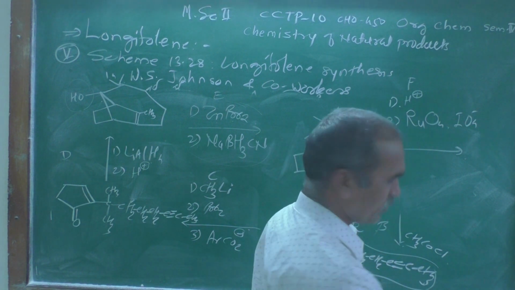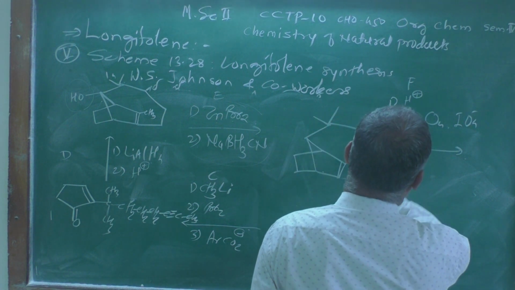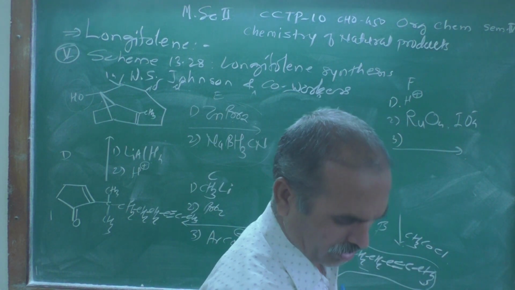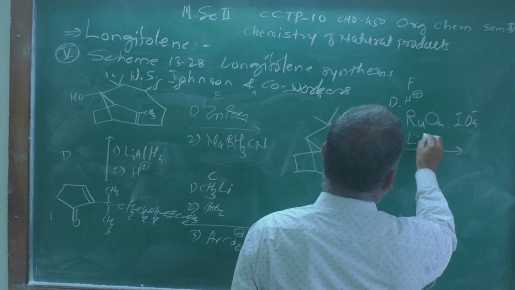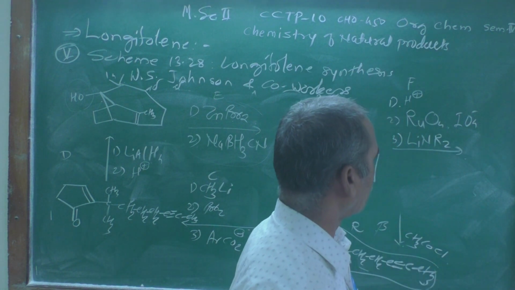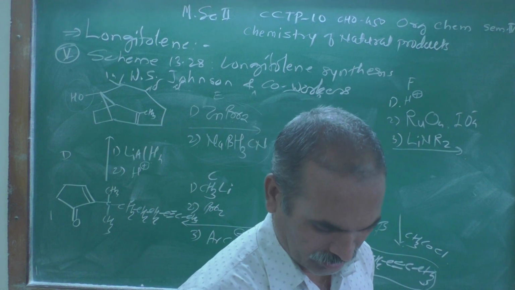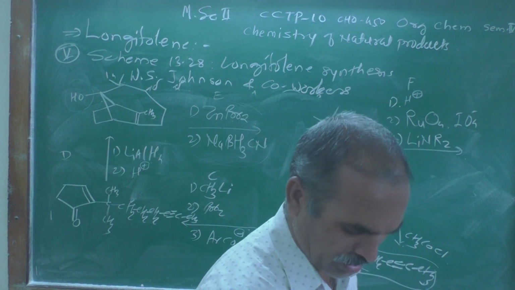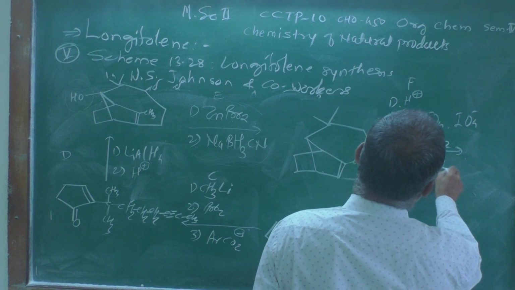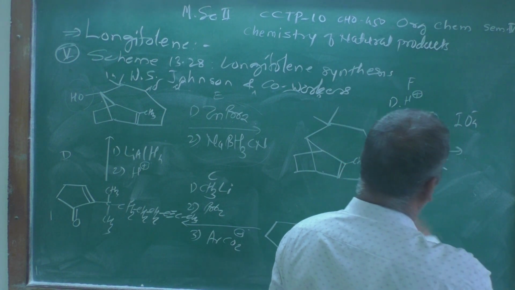The third reagent which I am adding here is LiNR2, that is an LDA type of reagent. Then methyl iodide, with minus and positive charge over there.